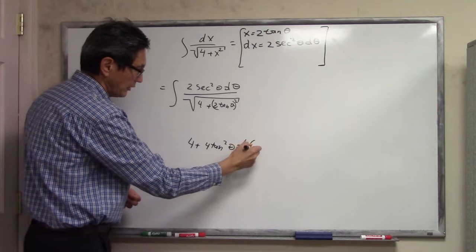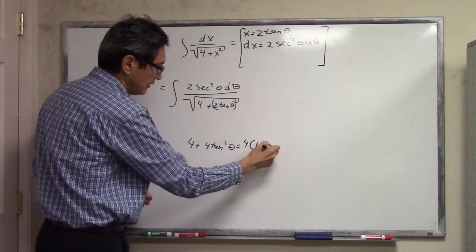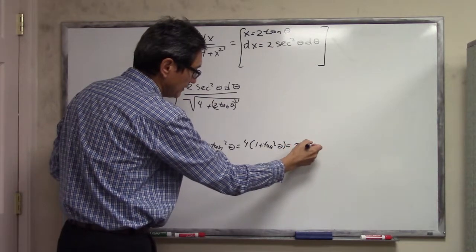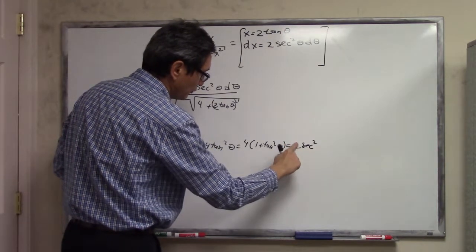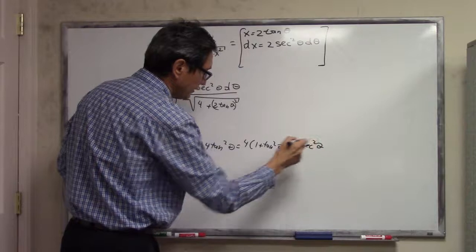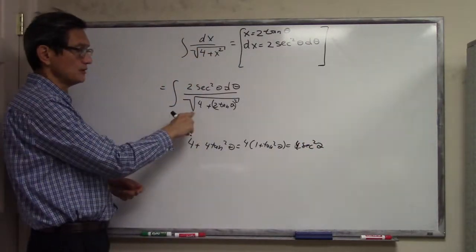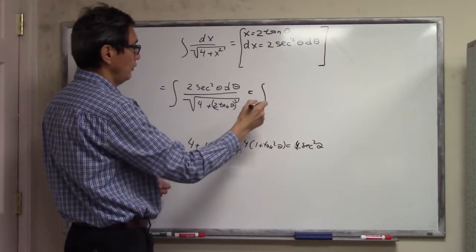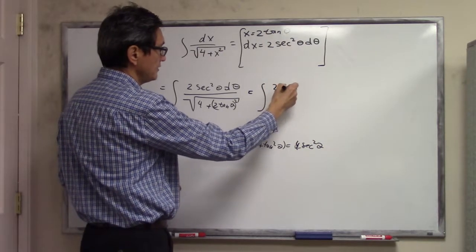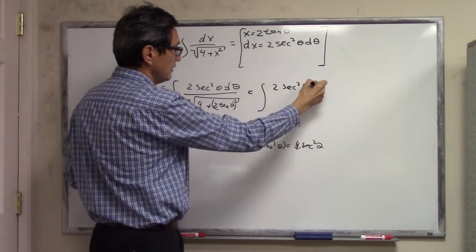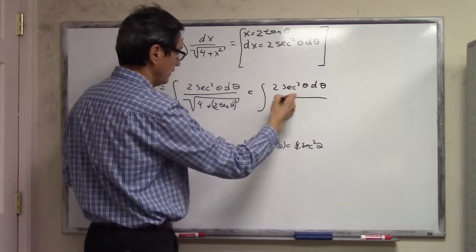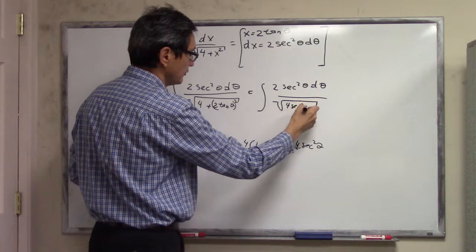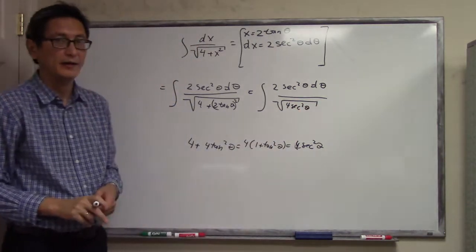Factor 4 out, we have 1 plus tangent squared theta, so we have 4 secant squared theta. So that goes inside of that square root. So we have the integral of 2 secant squared theta d theta over the square root of 4 secant squared theta.